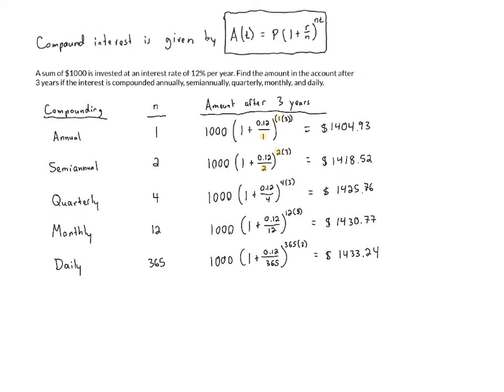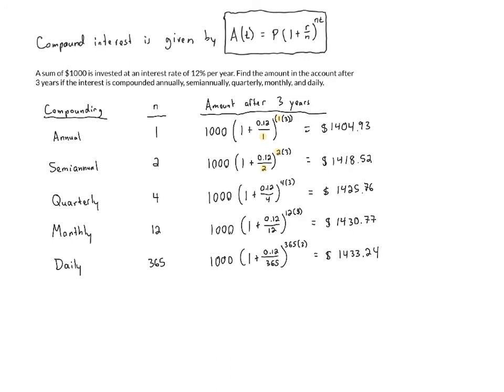So if you're looking at 2 investments and one of them is paying interest annually and the other is paying interest quarterly or monthly, you could earn a decently larger amount of money if you pick the one that is compounding more often. Of course, if the interest rates are different, you've got to go through and compare those to figure out what's really the best. But I just want to point out that as we have interest compounding more often, the amount of money that we earn ends up being larger.